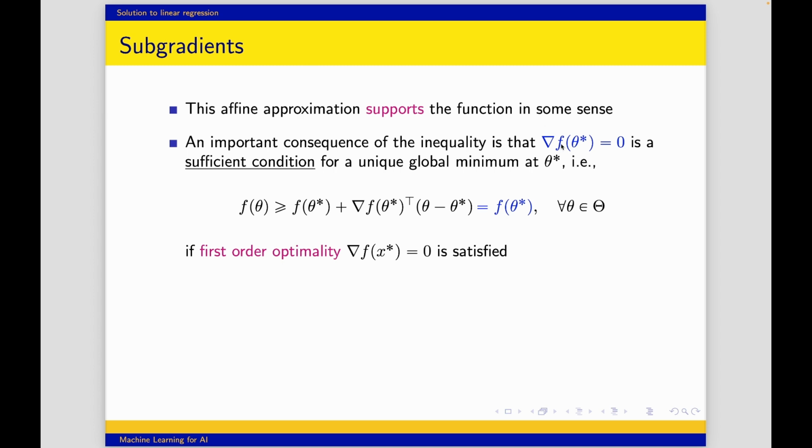Well, if this is 0, then this is just f of theta star. And so f of theta for any theta is greater than or equal to f of theta star. So zero gradient is a sufficient condition for a unique global minimum, because this is true for any theta and theta star, right?